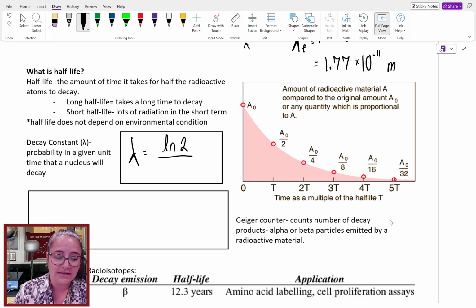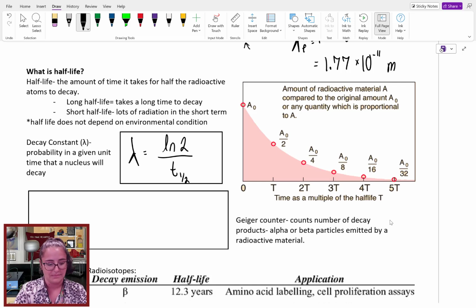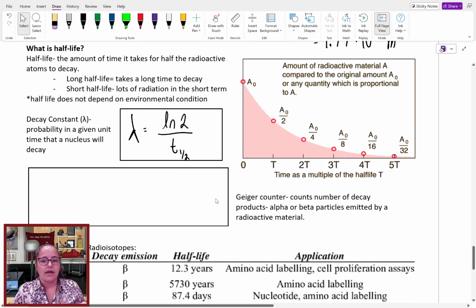But we have the decay constant is the natural log of 2 divided by that half-life. Okay? And the decay constant is going to be specific to each individual atom, or actually each individual isotope of those atoms. One of the other ways that you'll see it represented is with this graph and with how much of it is there.